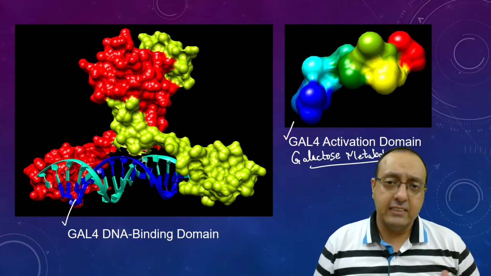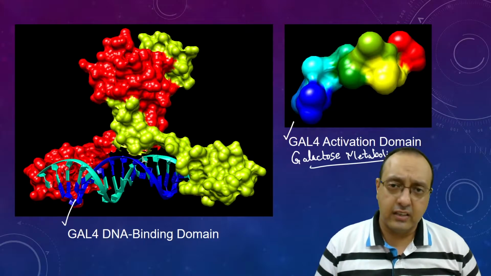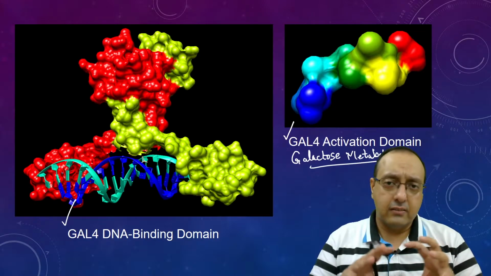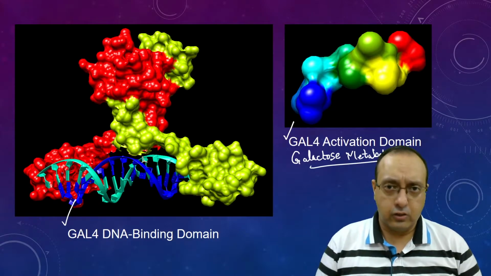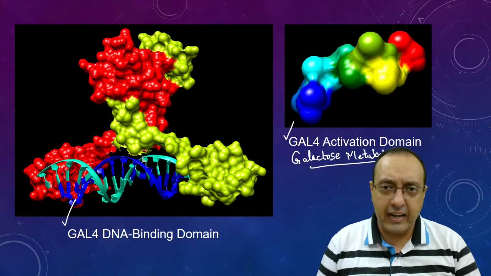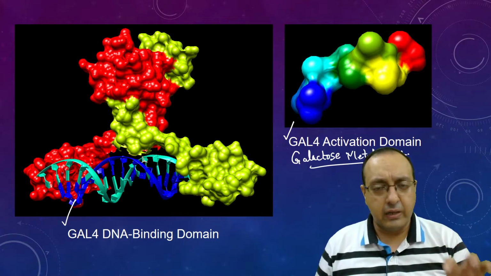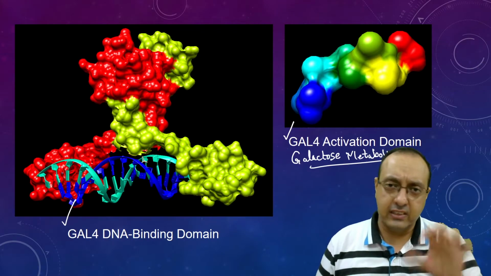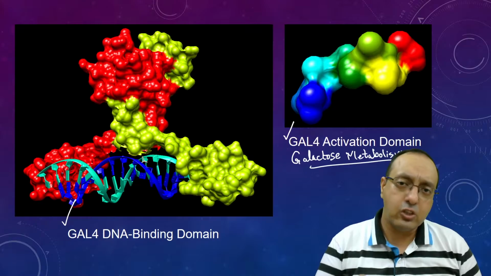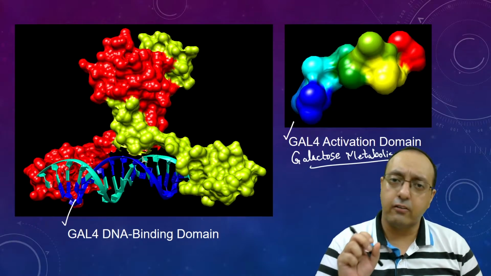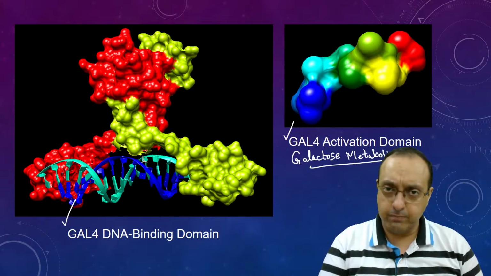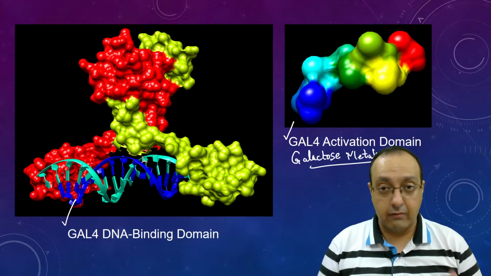During the 80s, studies in Mark Ptashne's and other labs found that it is a very modular kind of transcription factor. You can separate these activities so that the GAL4 DNA binding domain functions on its own as just a DNA binding domain, and the activation domain can be fused to another protein and it will just activate transcription. So this was the clever approach here.